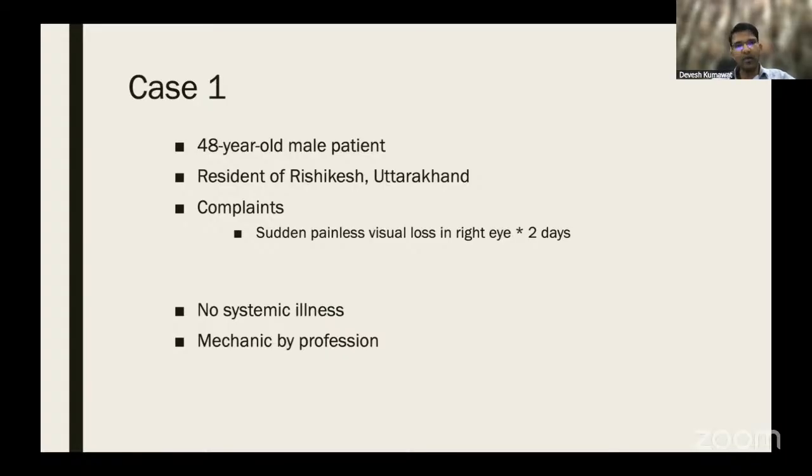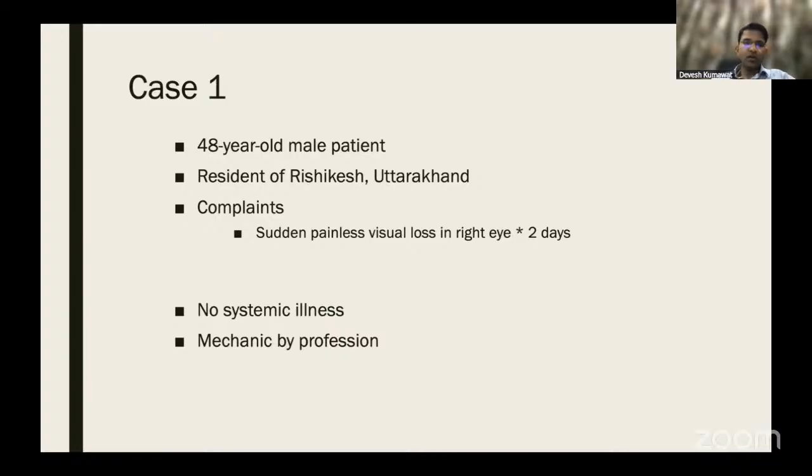If gas tamponade is used in the surgery, then the residence of the patient is important. If the patient is going to take a flight or is going to a high altitude location, you should know the residence of the patient. It is also important to know how far the residence of the patient is so that you can plan your follow-up with the patient as well.